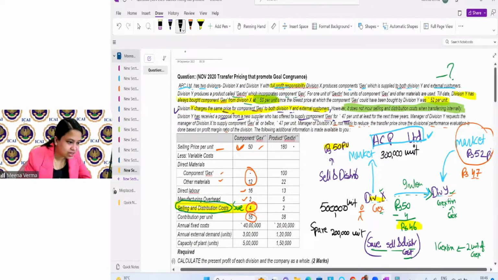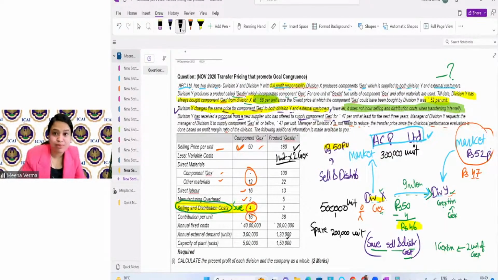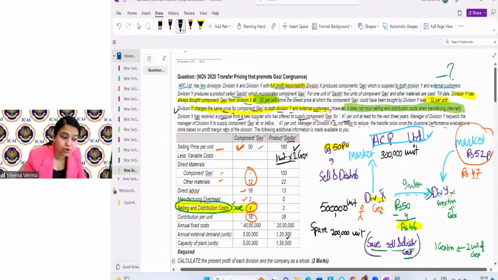Let's see how much material is required here. For 1 Jexton, you need how much? It is given in the question that for 1 Jexton, you need 2 units of Jex. What is the demand? 1,20,000 units is the demand in the market for Jexton, this product.